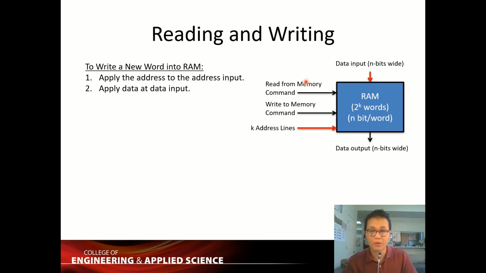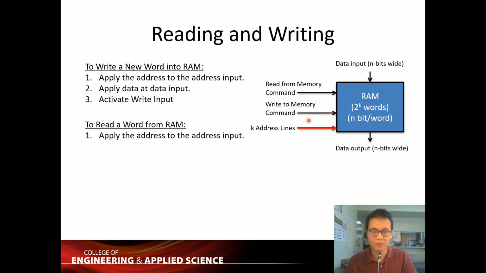So you apply the address, you apply the data, then you activate the write command. In order to read, similarly, you apply the address, you apply the read command, then the output will come out from here. For the case of write, nothing will come out from here because you're not requiring any output.